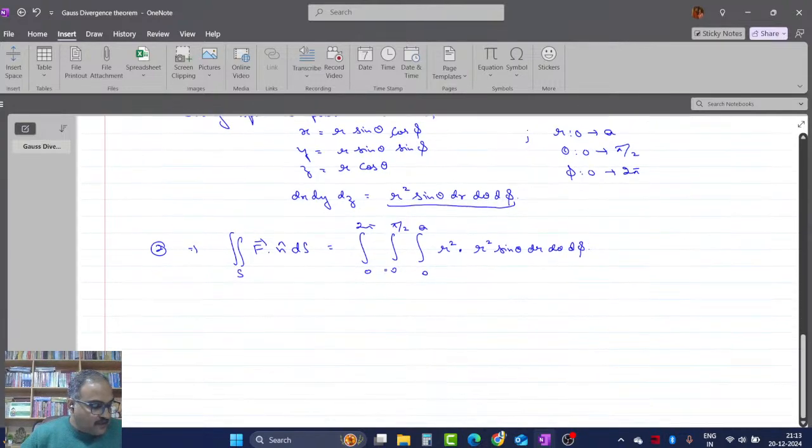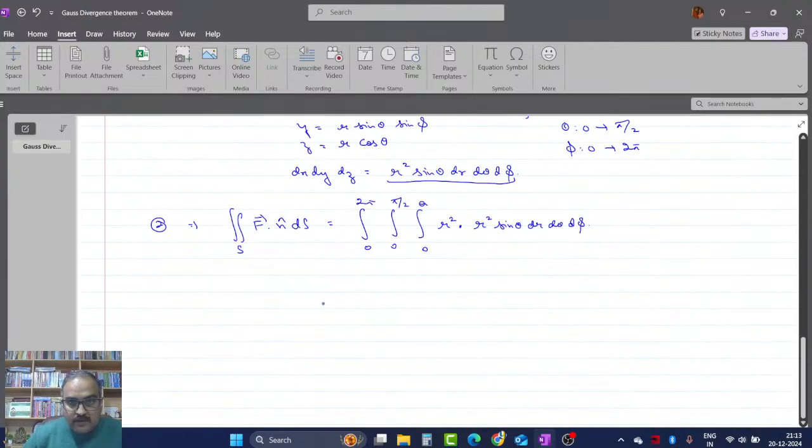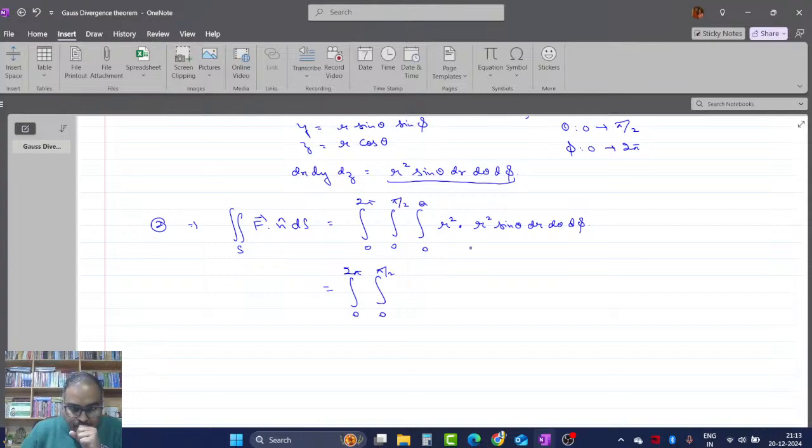Okay, so the value comes out to be, 0 to 2 pi, 0 to pi by 2, integration of r square into r square, r4, integration of r4 will be r5 by 5 within the limits 0 to a, into sin theta d theta and d phi.